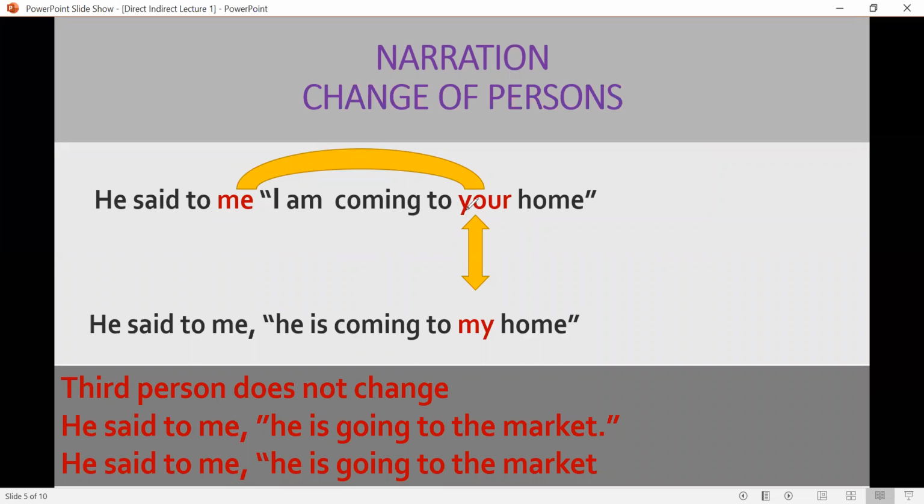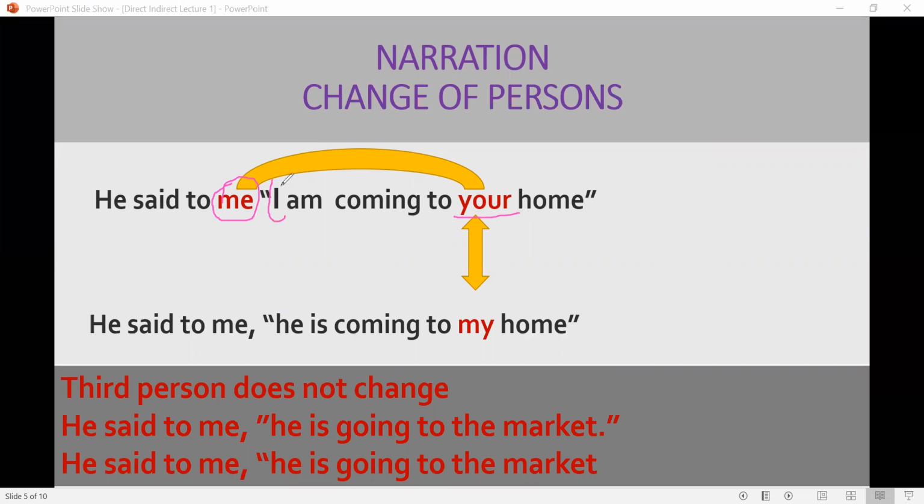Now there is another person, your. As we have seen in the previous slide, this is a second person pronoun. Second person is changed into the object of the reporting speech.